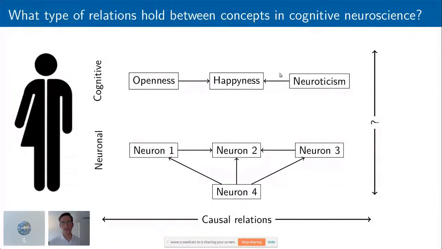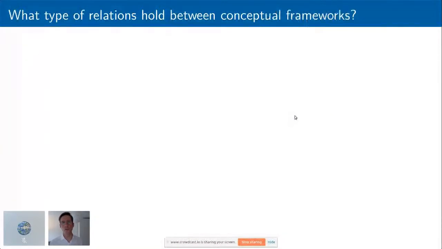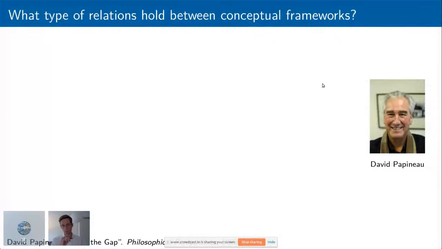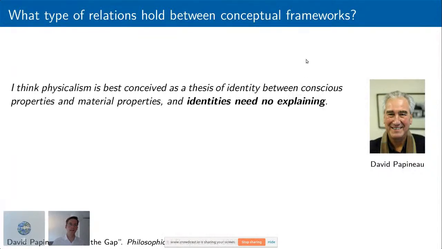I want to illustrate the type of relation with a quote from David Papineau, whose paper, Mind the Gap, I found very influential. In that paper, he writes the following sentence: "I think physicalism is best conceived as a thesis of identity between conscious properties and material properties. And identities need no explaining." The boldface is by me. And I think there are two very important ideas in here.